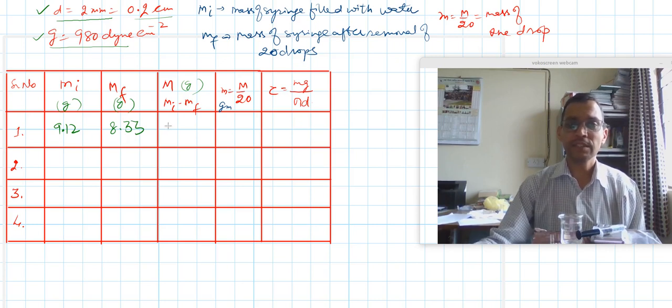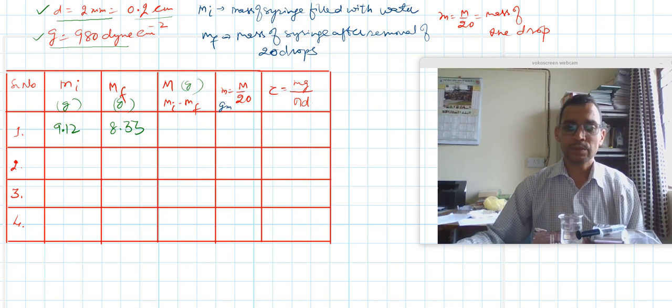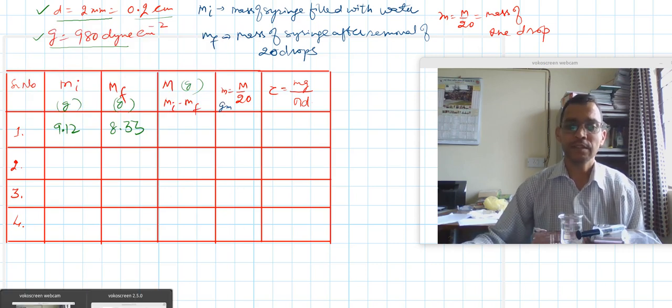Now take the difference, and then I will calculate the mass, and then I can calculate the surface tension of this liquid. Here I am taking first of all the plain water. I will repeat this experiment 4 times, and then take the average.